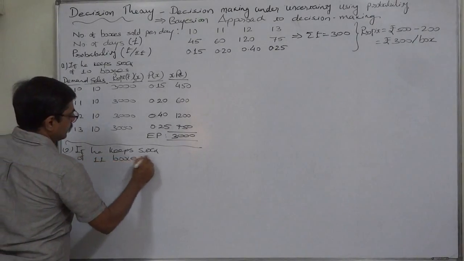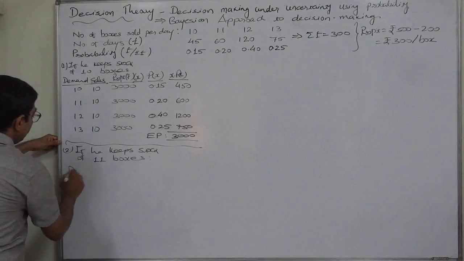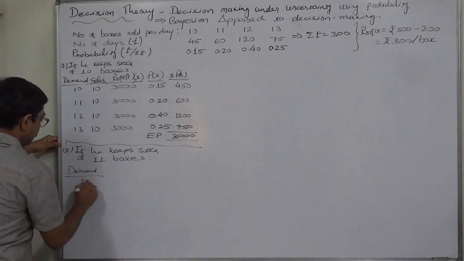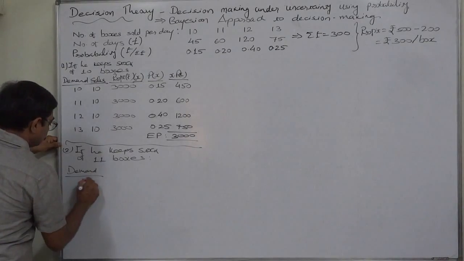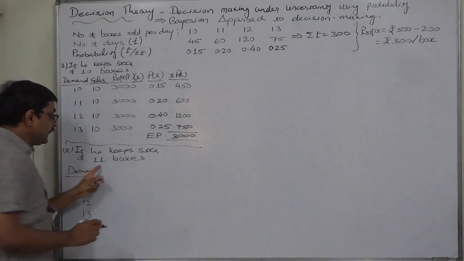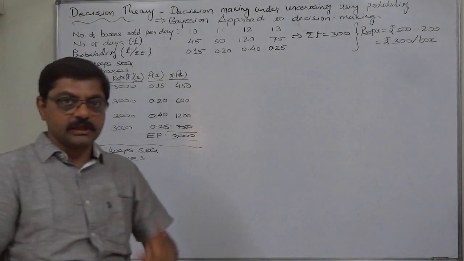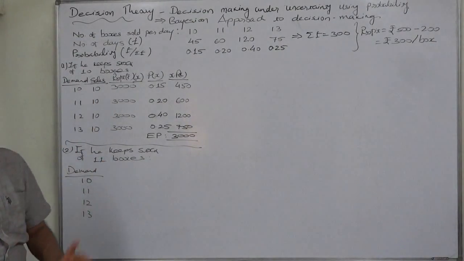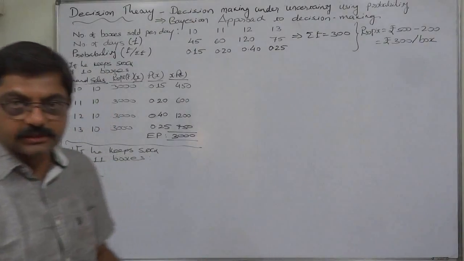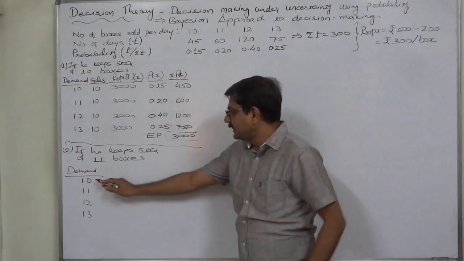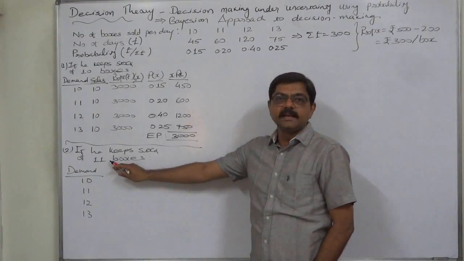demand will be... he has stock of 11 boxes. If demand is 10 and stock is 11, he can sell only 10 boxes, because any seller can never make sales greater than demand or greater than stock.